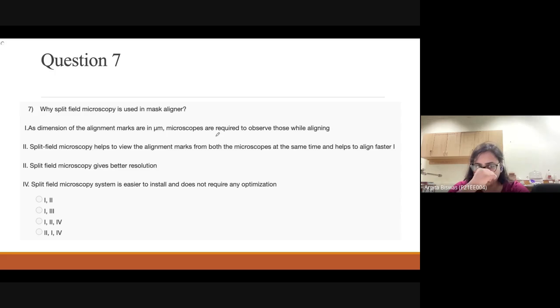The third option is split field microscopy gives better resolution, and the fourth one is the split field microscopy system is easier to install and does not require any optimization. So please try to find the right option.